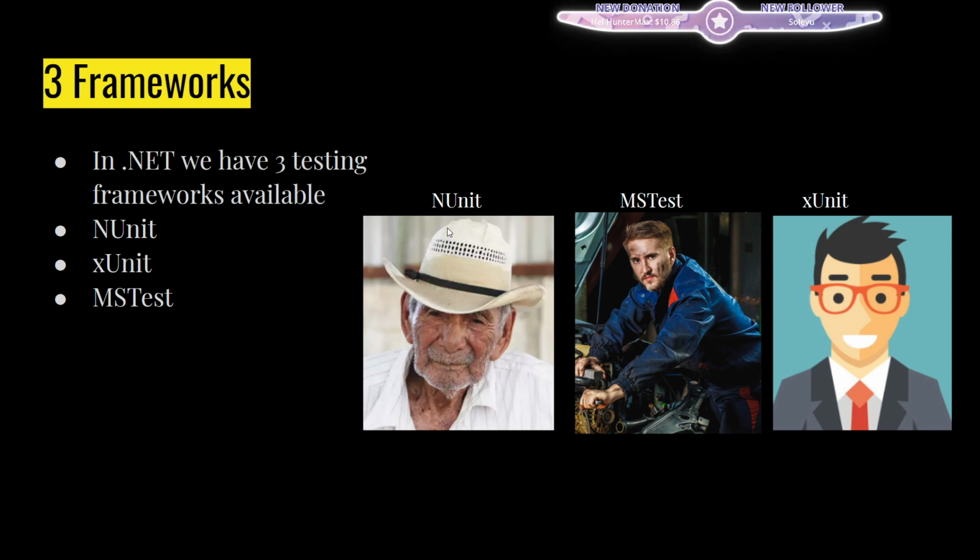NUnit being the oldest, most trusted, featureful, experienced, and existing in multiple languages. MS-Test being quick and dirty. That's all I'll say about it. And xUnit being the newest, professional, clean way of testing.